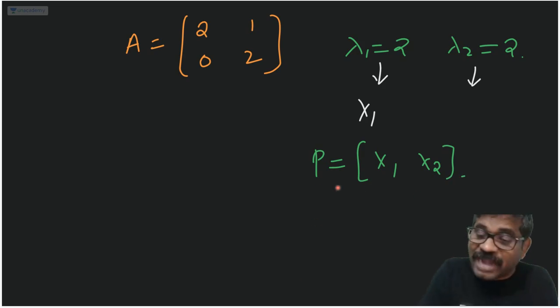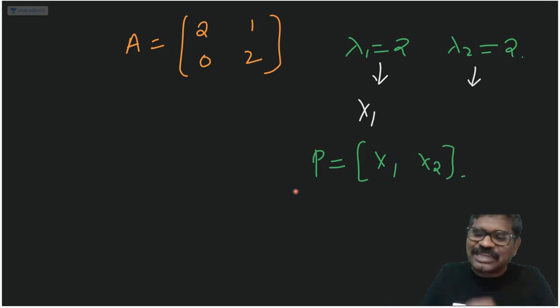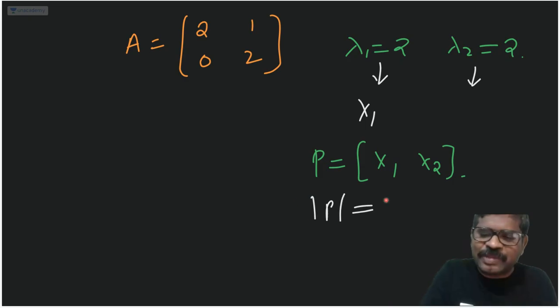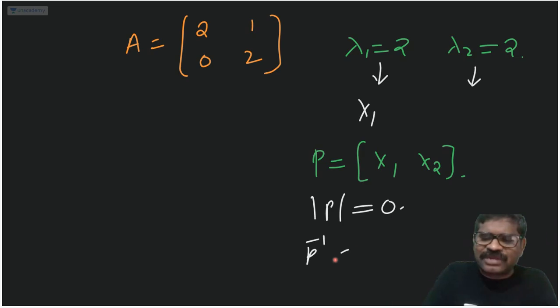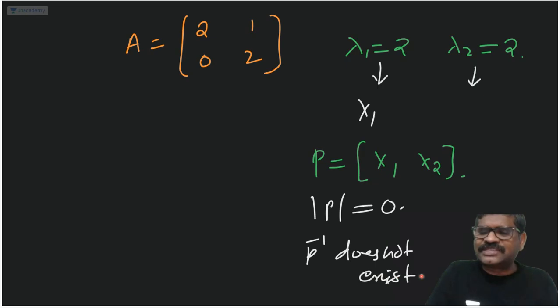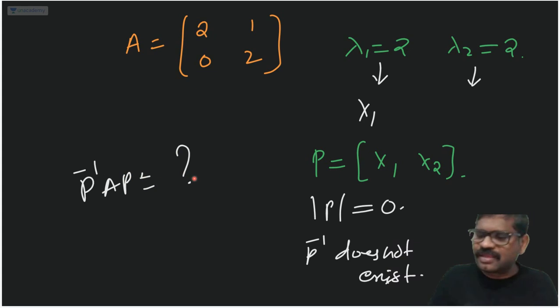In the matrix, if at least one vector is dependent, the set is dependent. If the set is dependent, the determinant value of P becomes 0. If the determinant value of P becomes 0, P inverse does not exist. If P inverse does not exist, can you write P inverse AP? Possible? Not possible. Understand?